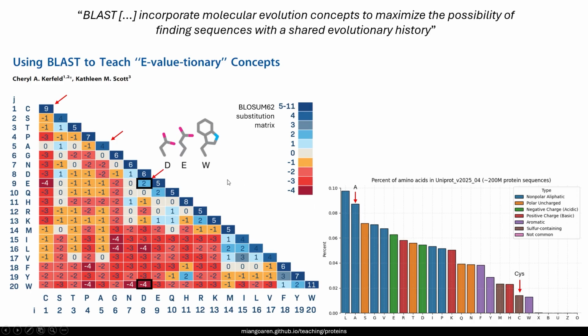As another example, here what we have is the probabilities, or rather what the score is, of mutating from one amino acid D to another amino acid D. In this case, we see that it has a score of 6, but what happens when we mutate to another amino acid that is quite similar, which is this one called amino acid E? As you can see, really the only difference it has is that it has an extra methyl group that makes it a little bigger.